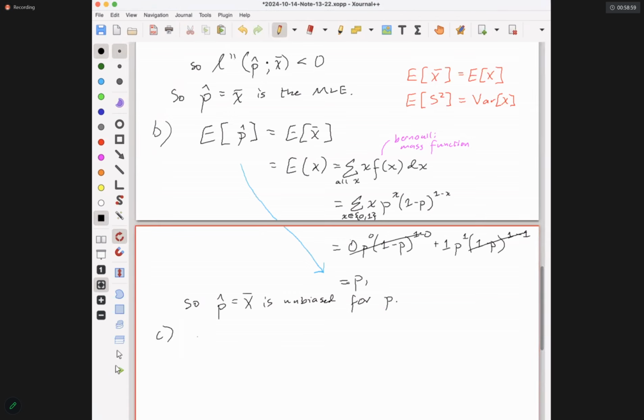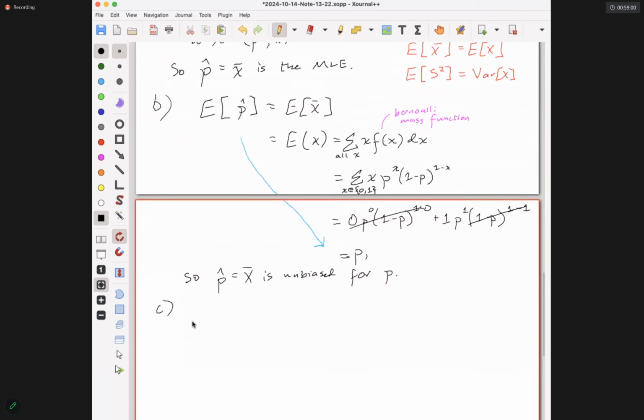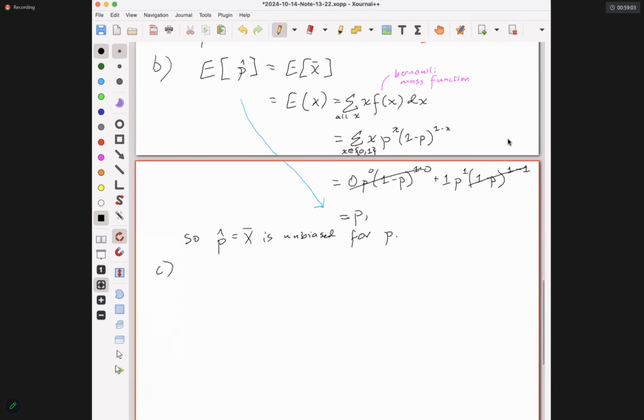Now part C, we want to find the maximum likelihood estimator of g of p equal to the probability that X equals 0. And what property can we apply to this one?